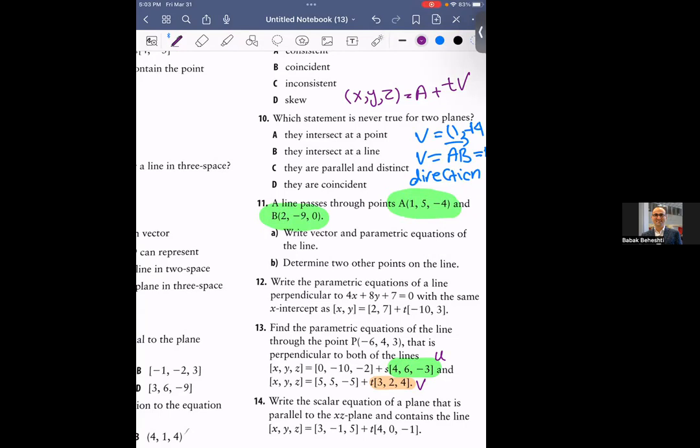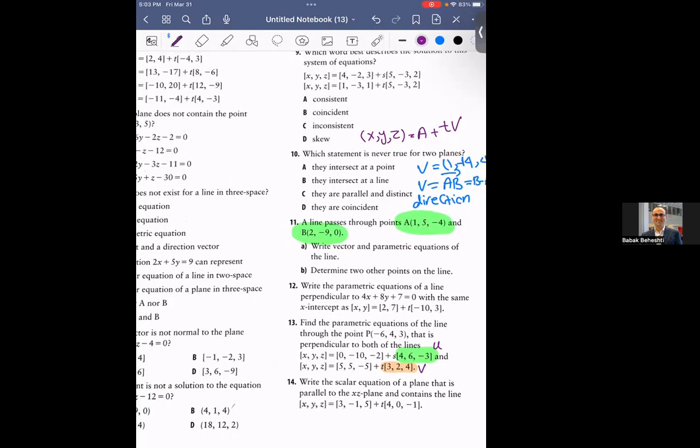Remember I told you at the beginning of today's session that u cross v is perpendicular to both u and v, and that it is the unique such vector. So that means the direction vector of the line we are looking for is basically u cross v.